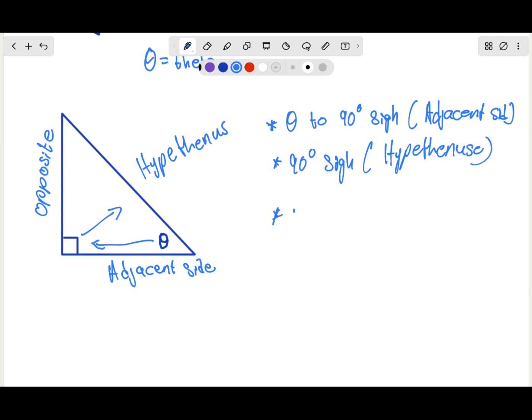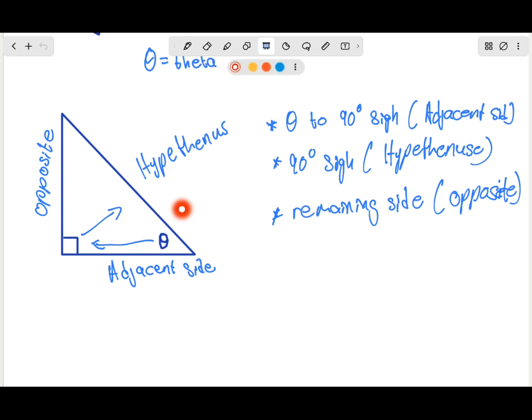And the remaining side will be your opposite. Okay, so that's how you identify your sides. You need to know how to identify your sides in terms of a particular angle. In this case, we were using our angle theta.